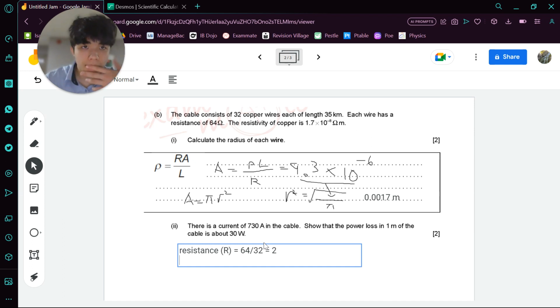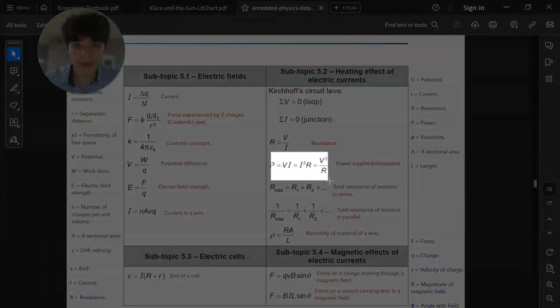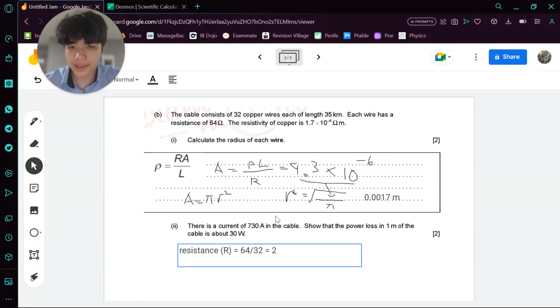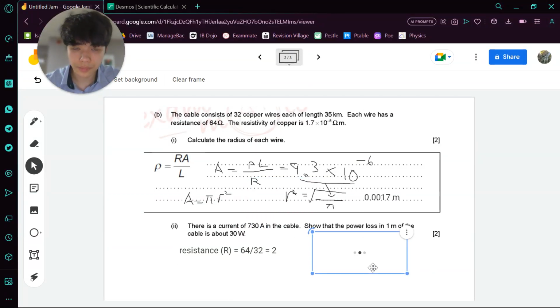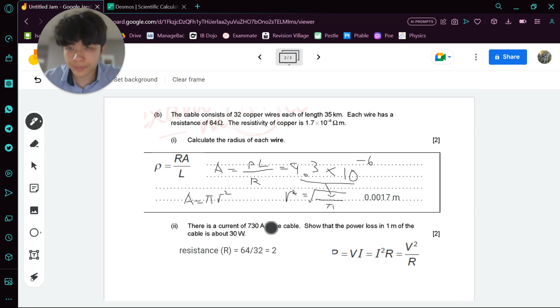So now we can go back to our formula booklet and find the power dissipated, which is P equal to VI, equal to I squared R, equal to V squared over R. What we can do from this is calculate the power dissipated from the current, which we have here, and the resistance.